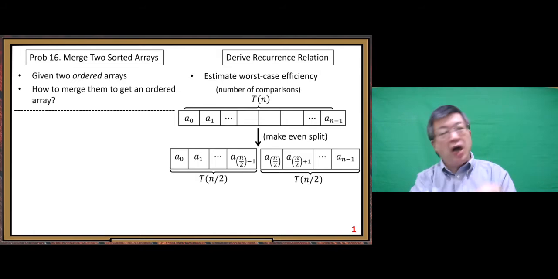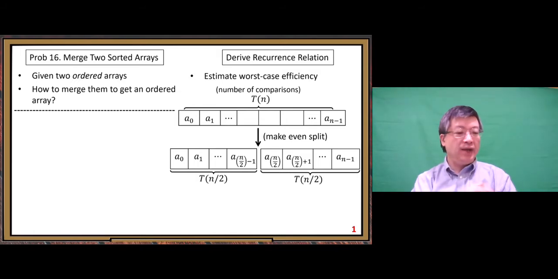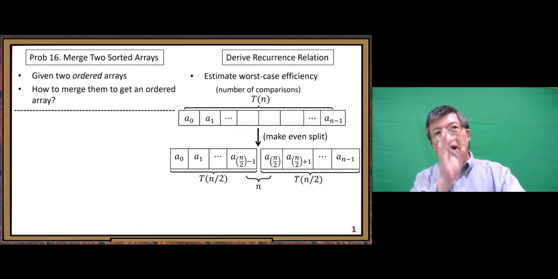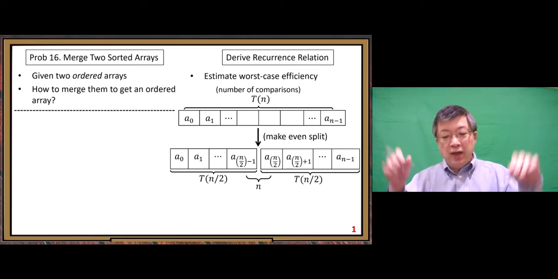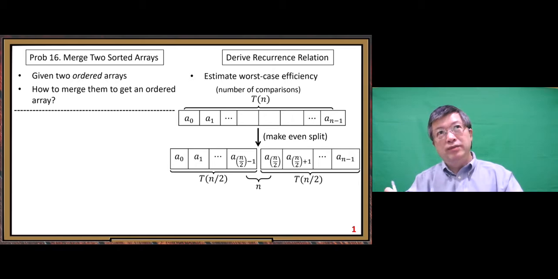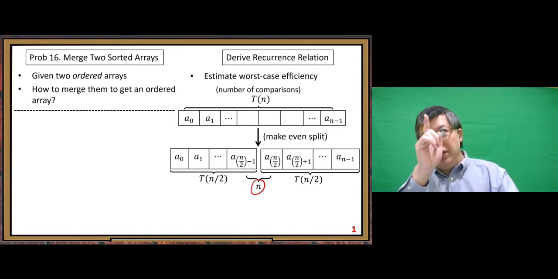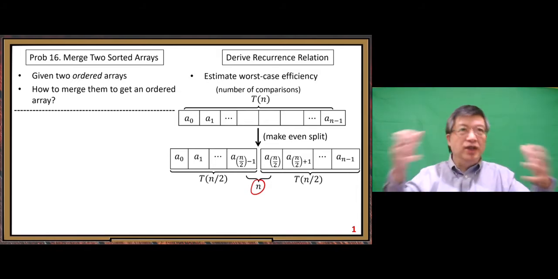How much is the cost we should pay? For the worst case, n minus 1, the total number of elements minus 1. But minus 1, we can just use n for simplicity, because that minus 1 is very easy.